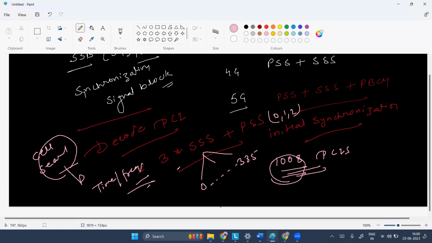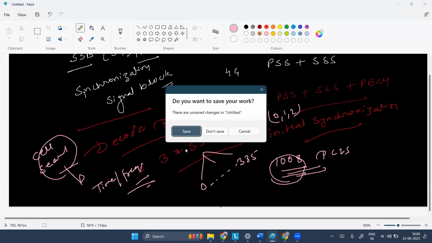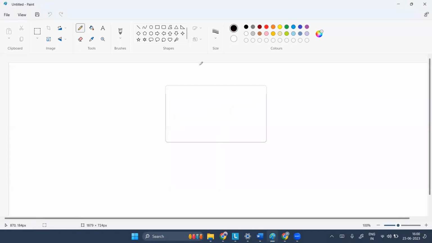So during cell search operation, this time and frequency synchronization can happen in multiple ways. What are the different scenarios in which the cell search procedure can happen?